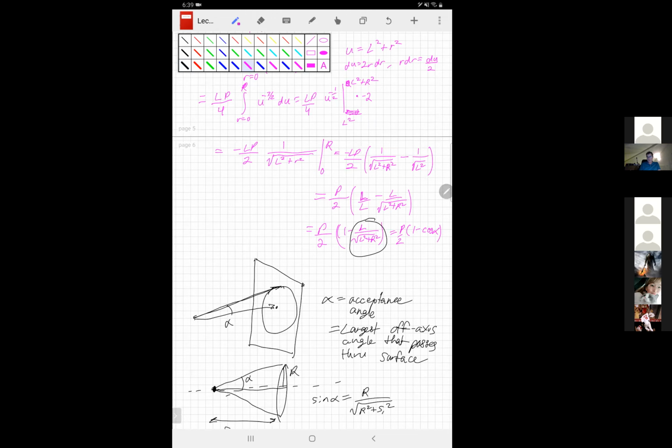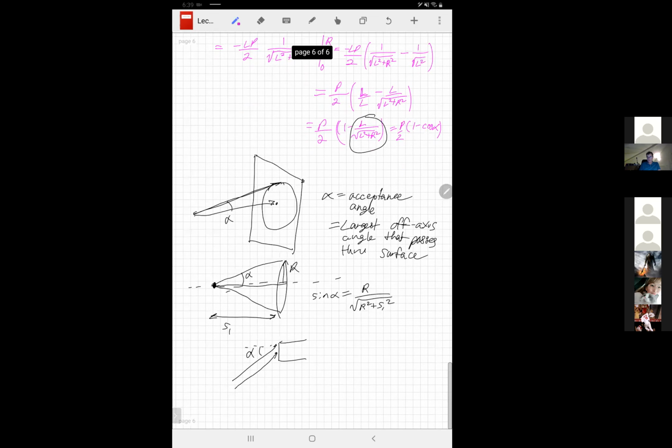Any questions on the concept of an acceptance angle? In Zemax, you could think of it as the maximum angle that a ray could come in at and still get all the way through the system. If I've got several lenses in a row, then a ray might make it past the first lens, but then get bent at some really extreme angle and not make it into the second lens.